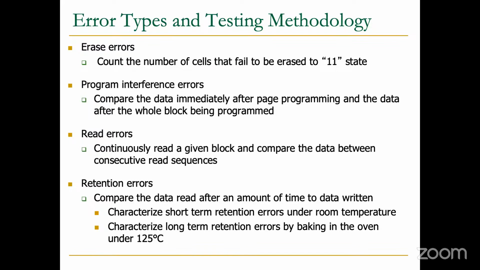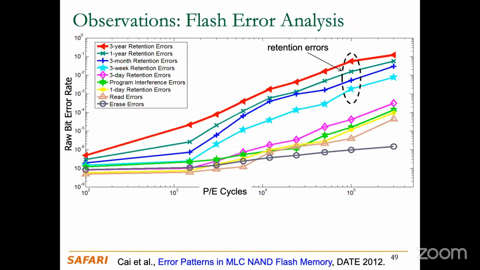When you bake in the oven at a temperature like 125 Celsius, with some other steps, you can model a retention time of 3 years, 2 years, 4 years, something like that. If you're interested, you can see all the details in the paper. So these are the results.